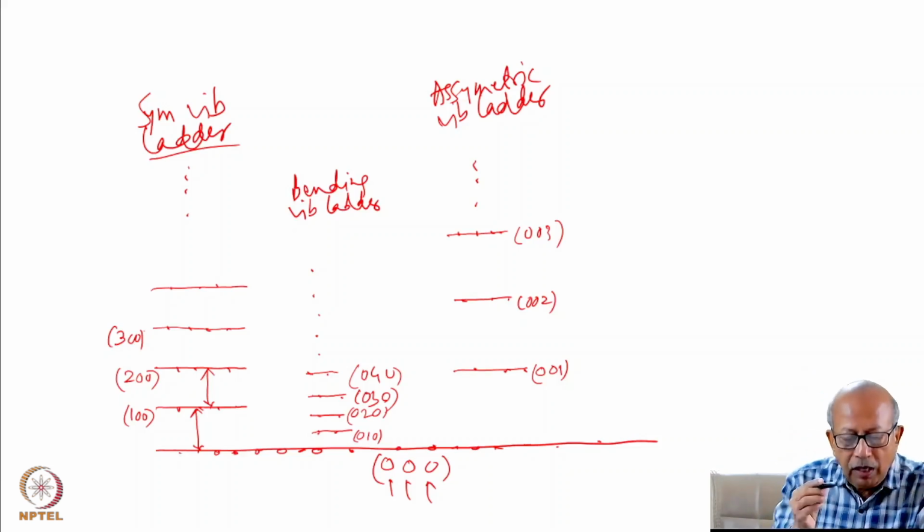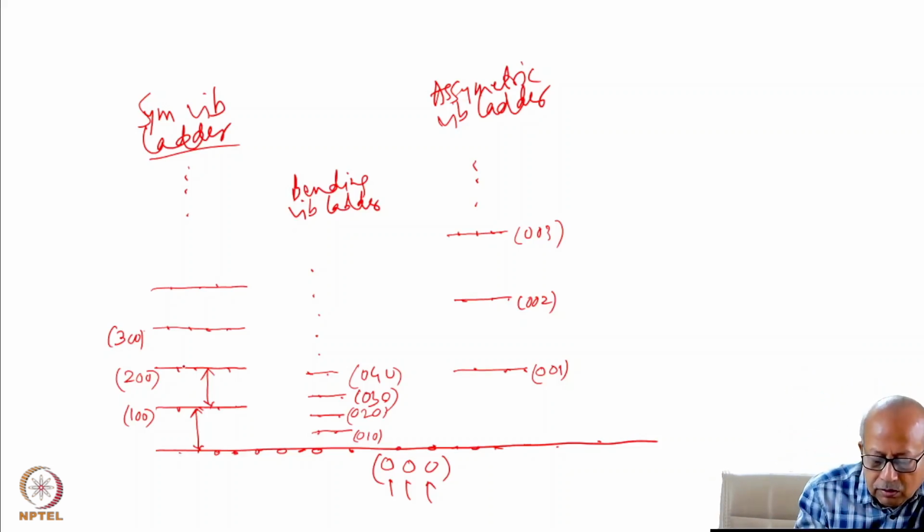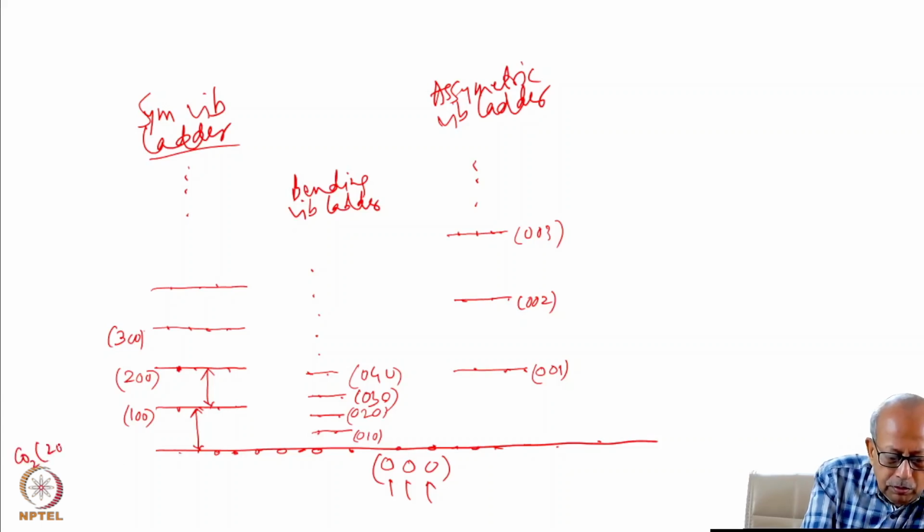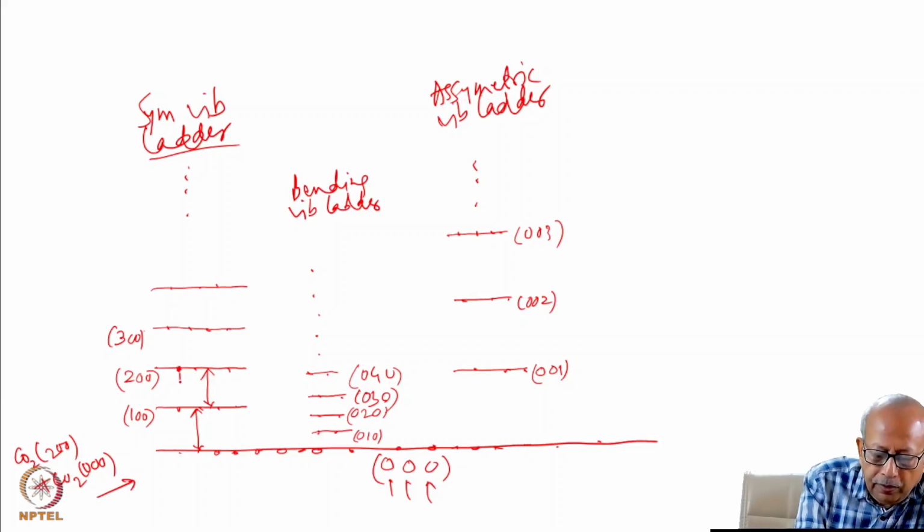For example, let us assume that this carbon dioxide molecule at the 200 level, that is CO2 200, collides with a CO2 molecule at the ground state, that is CO2 000. So this molecule can then come down to this state.